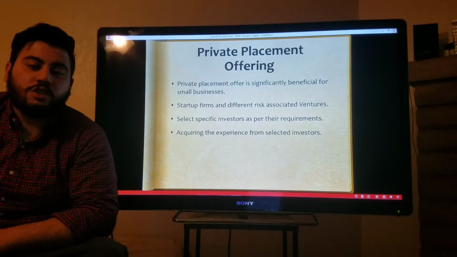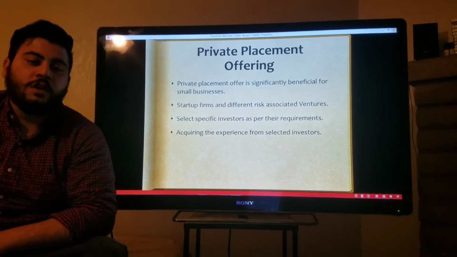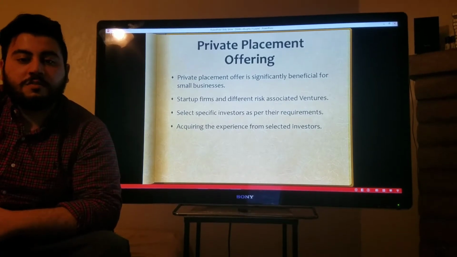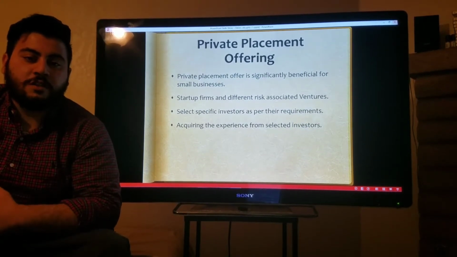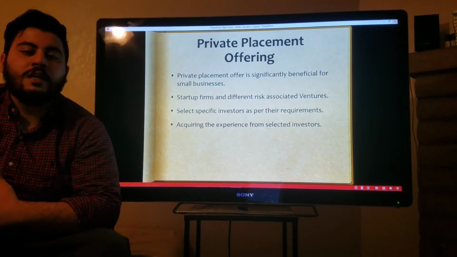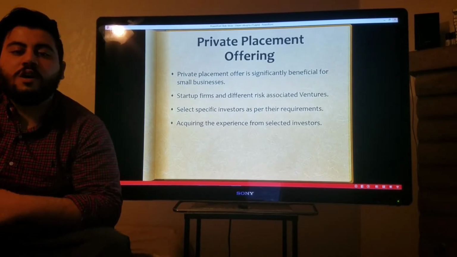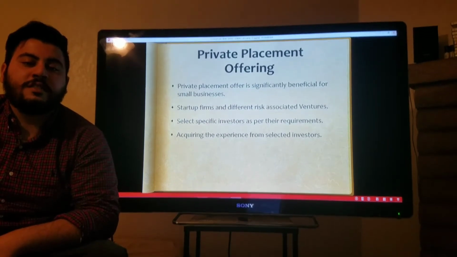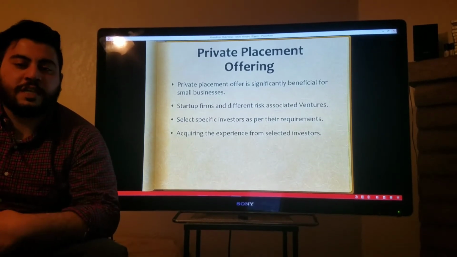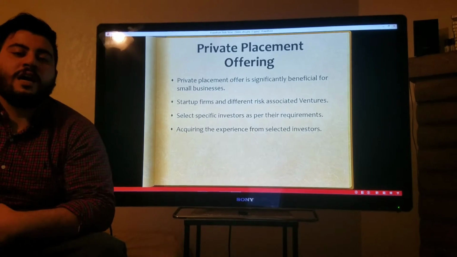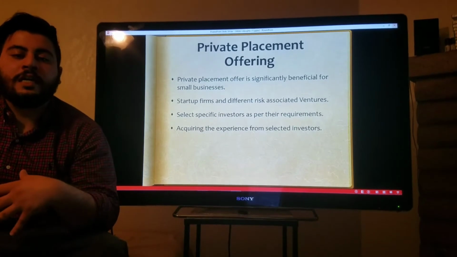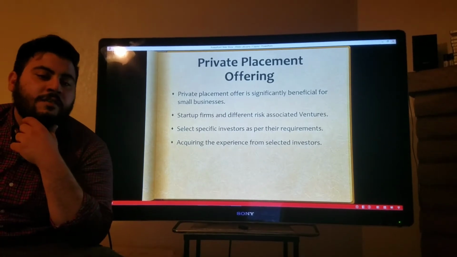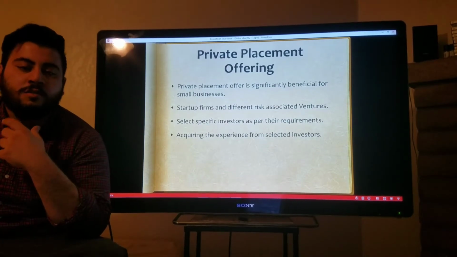One of the most significant advantages of private placement offering is that specific investors can be selected as per the requirement of the organization. Another significant advantage is that the organization can benefit from the experience of selected investors related to business.